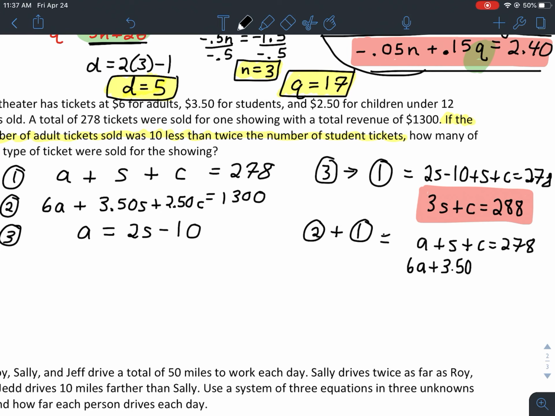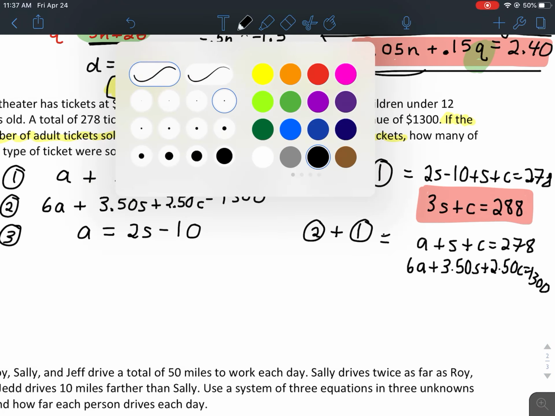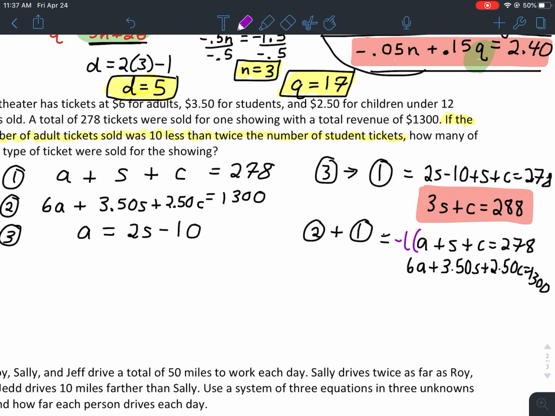equation 1, equation 2. Okay, I'm going to multiply the top one by negative 6 to get the A's to eliminate. Okay, so 278 times negative 6 is negative 1,668.